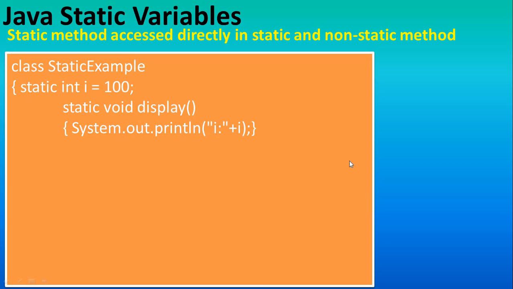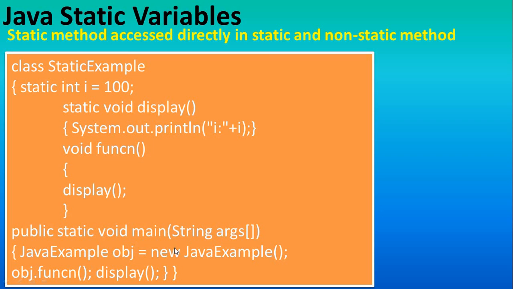You can observe the static method is display, and in that display method we are showing the value of I, and then we are calling one more function, that is a simple non-static function. And then in the main method we are creating the object, and running the two methods, obj.func. So here this is the method and it will call that display method, and in the display method we are showing the value of I.